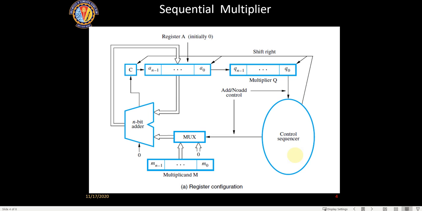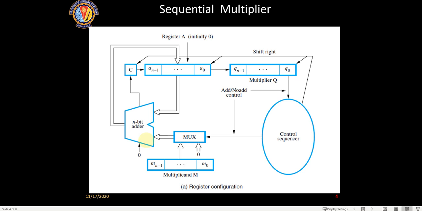No, that 0 is 4-bit data, 0 0 0 0. Okay. So we are giving it 4 zeros. And similarly when we give it a 1, we'll give it a 4-bit 1. No, when we give it a 1, not a 4-bit 1, the multiplicand data will be given here.